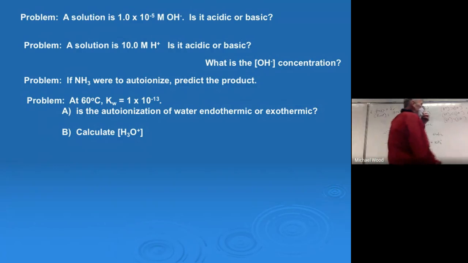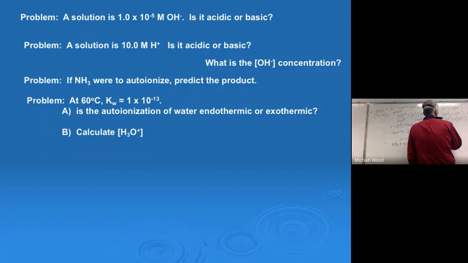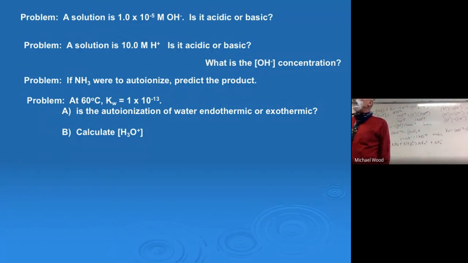Okay, then if I calculate the H3O, so in this case, if the KW is 1 times 10 to the negative 13, it is equal to the H3O, and remember, H3O and H plus are interchangeable, times the OH. Well, if the solution is neutral, it's not saying there's more of one than the other.